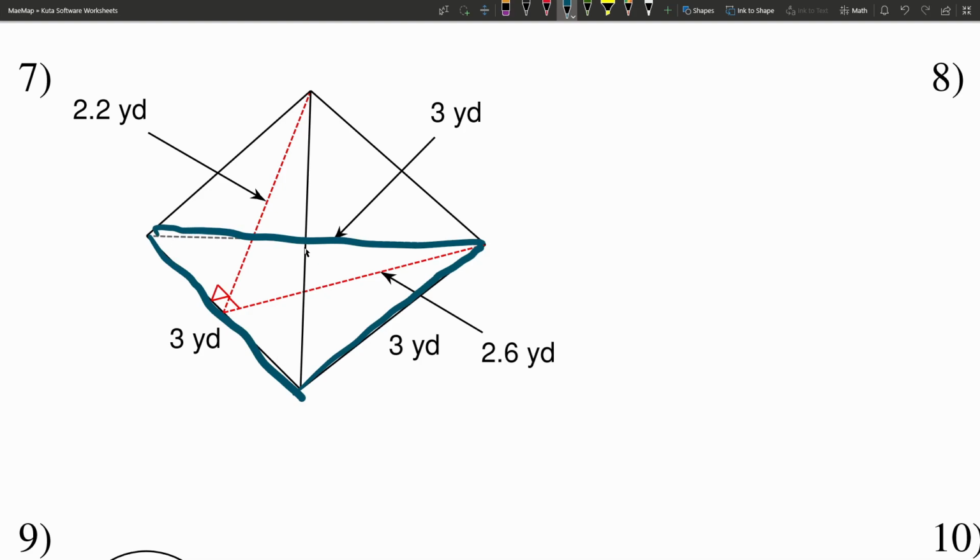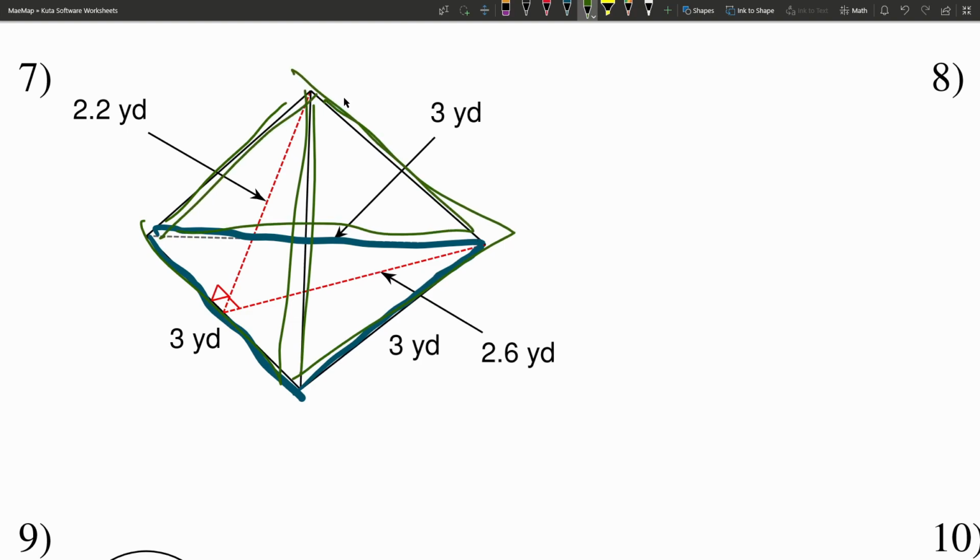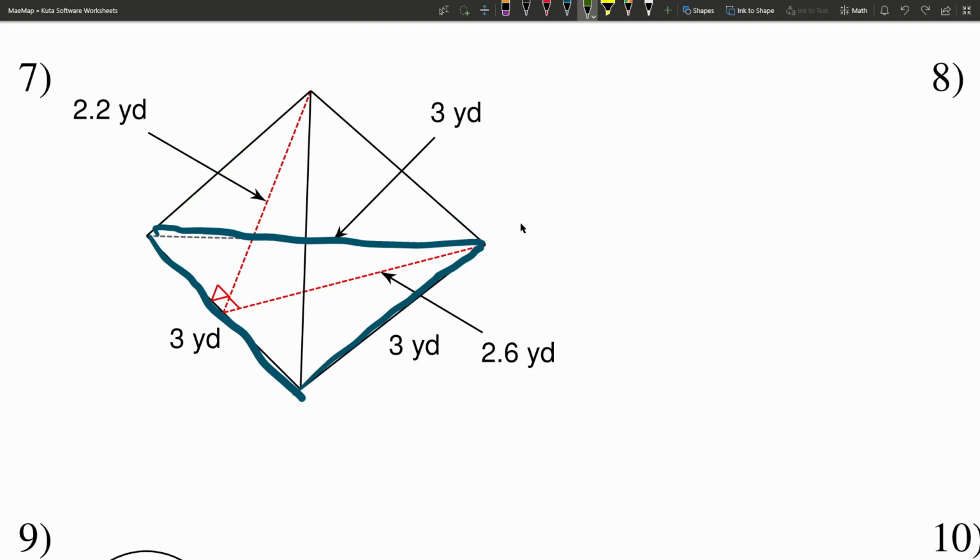So because that triangle is the same on each side, that means the remaining 3 sides, the side here, the side here, and the side on that back side, those are all the same triangle. So we're just going to calculate the area of our base and then add it to 3 times the area of one of those other sides, since all 3 other sides are the same.